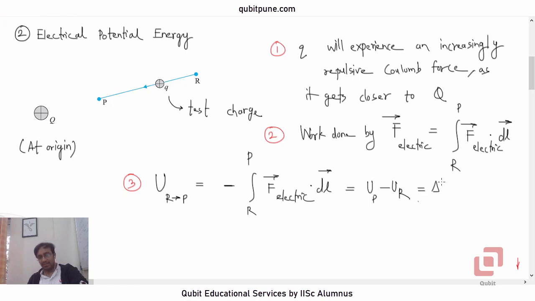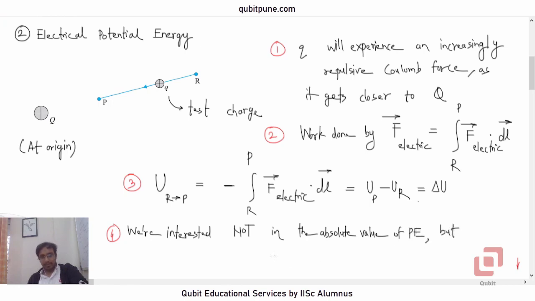We are always interested in the change in the potential energy and not the absolute value of the potential energy. So we are always interested in delta U, so we can choose any convenient location and assign potential energy to be 0 there.